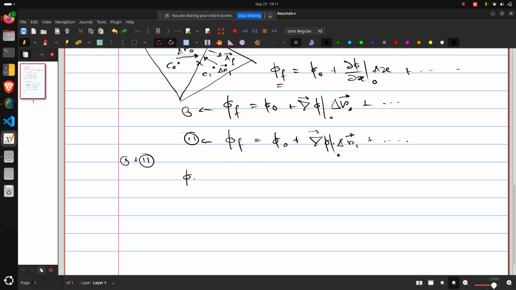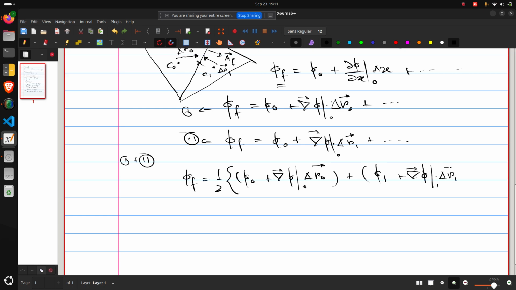So phi f is equal to half of phi naught plus gradient of phi at C naught times delta R naught, ignoring the higher order terms, plus phi 1 plus the gradient of phi at 1 times delta R1.